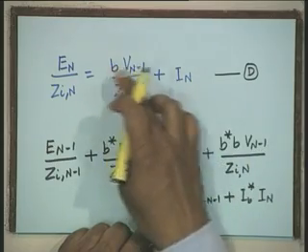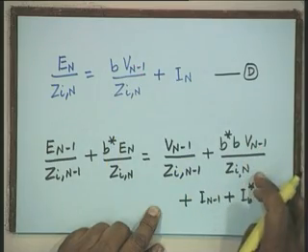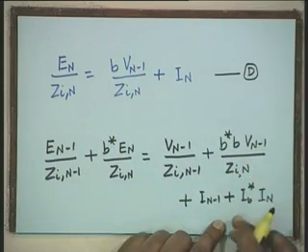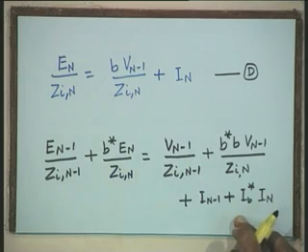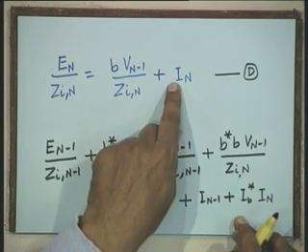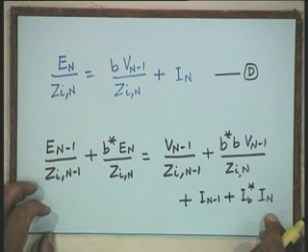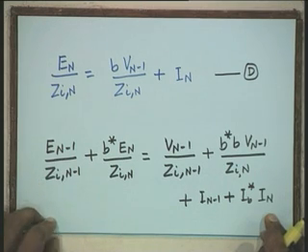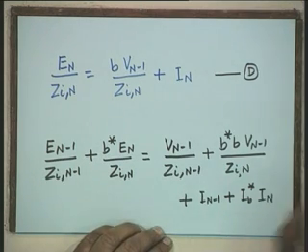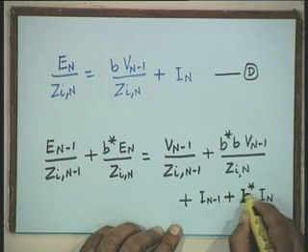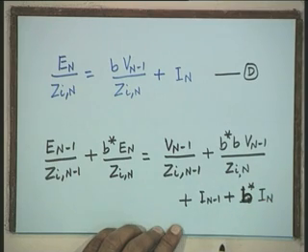Here B star into B V n minus 1 upon Z I n. Here I n minus 1 as it is, plus this is multiplied by B star into I n. What is the problem? Sir, IB star is written, that should be B star only, because there is no current IB star. Aha, this is a slip. This is to be called as B star.